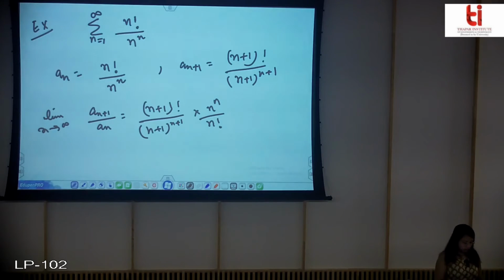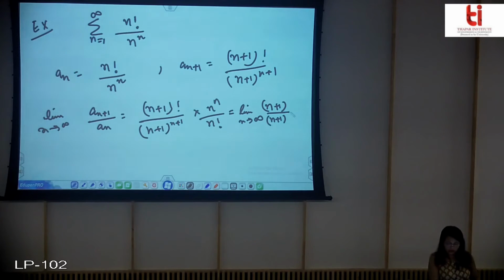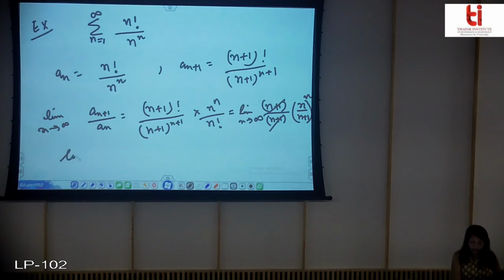If you take this (n+1) times n factorial, the n factorial cancels out, and this n+1 to the power n.